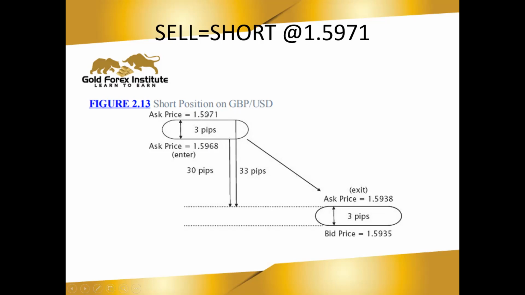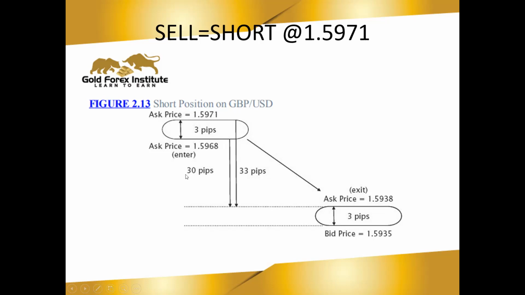So it means that the ask and bid price that I was asking of, this is the real market price. But because of the spread, they add something like the 3 pips. So the real price that you are entering is now 1.5971. If there were no spread, then you just enter at this price straightforward.